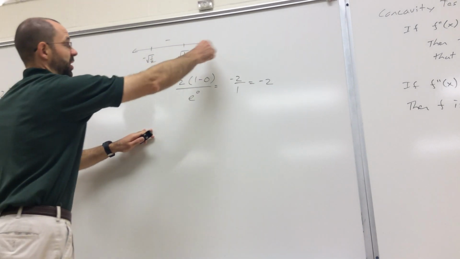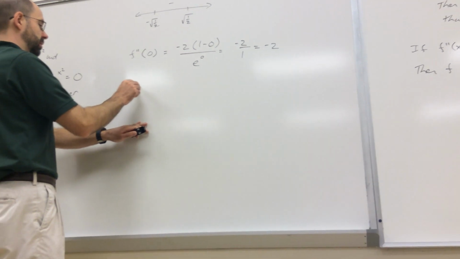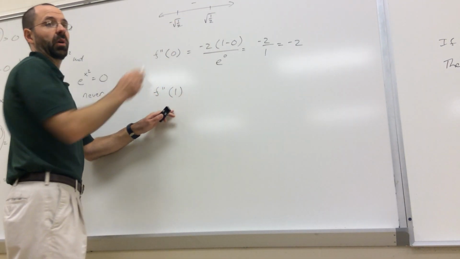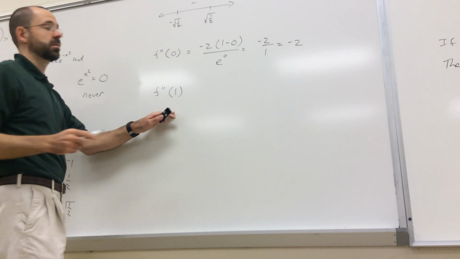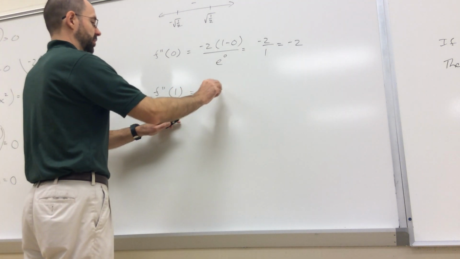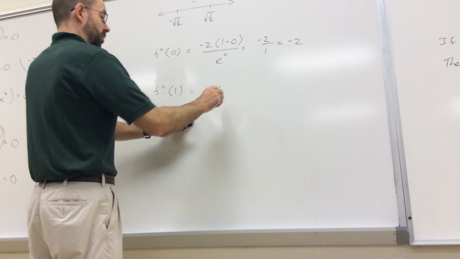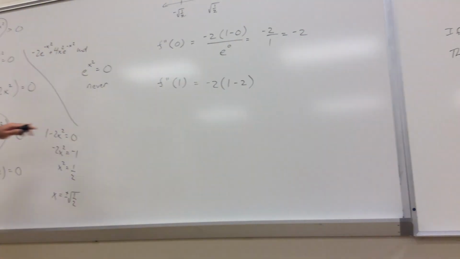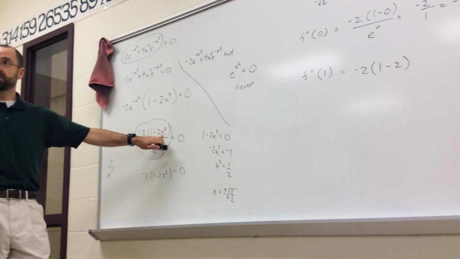Now I'm going to try something up here. I guess I'll go with 1. That's bigger than the square root of a half. So that's negative 2 times 1 minus 2, because 1 squared is 1.